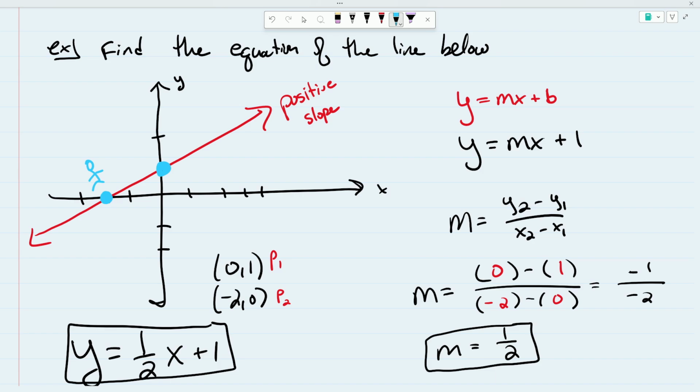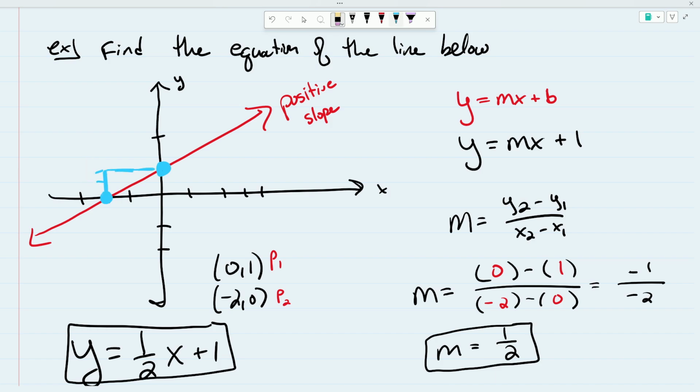Anytime you give somebody an ordered pair, you're basically giving them directions. You are telling them which way to move, left and right, and then you're also telling them which way to move, up or down. Therefore, if I'm standing at the x-intercept and I asked you, how do I get to this y-intercept? What you would say is, well, move up 1 unit and then move to the right 2 units.